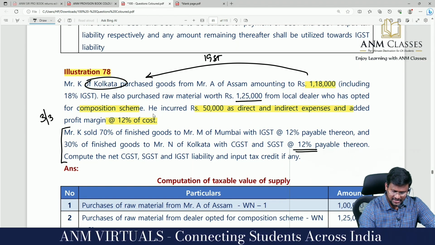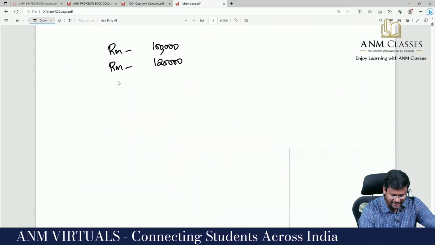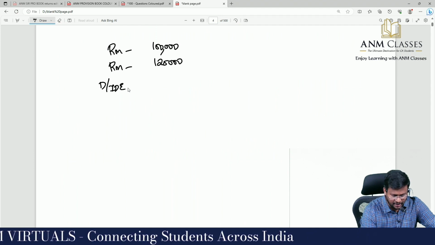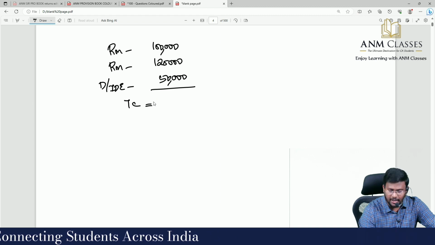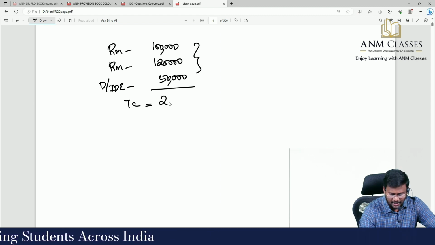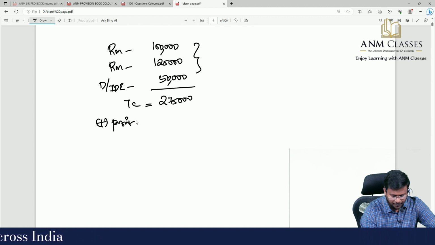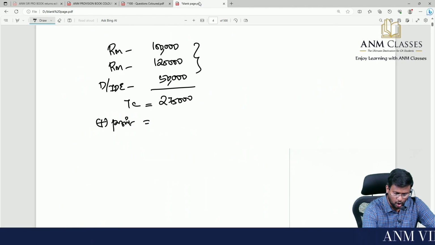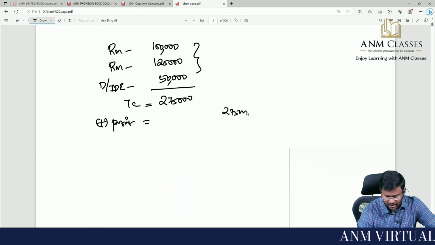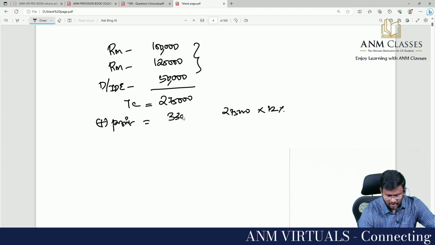Correct? So direct and indirect expenses, how much? 51,000. Sir, if you add, you will get total cost, 2,75,000. Add profit: 12% on cost. 2,75,000 into 12% comes to 33,000.